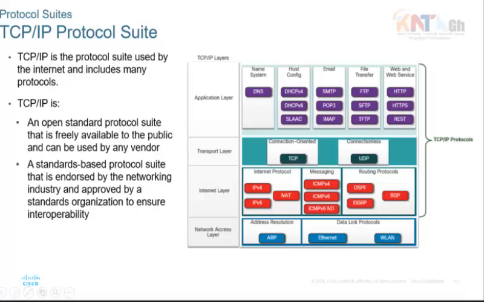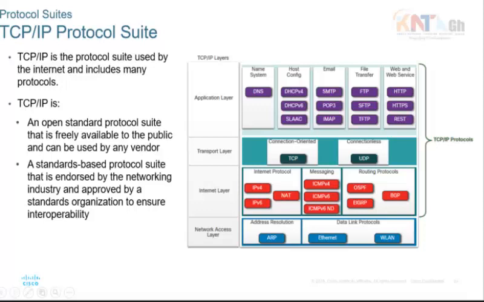For email, you have the Post Office Protocol, the Simple Mail Transfer Protocol, and the Internet Message Access Protocol that also take care of emails. For file transfer, we have the File Transfer Protocol, the Trivial File Transfer Protocol, and SFTP, Simple File Transfer Protocol. And then for the web and web services, these protocols are also HTTP, HTTPS, and the rest, which take care of the application layer where the user is.